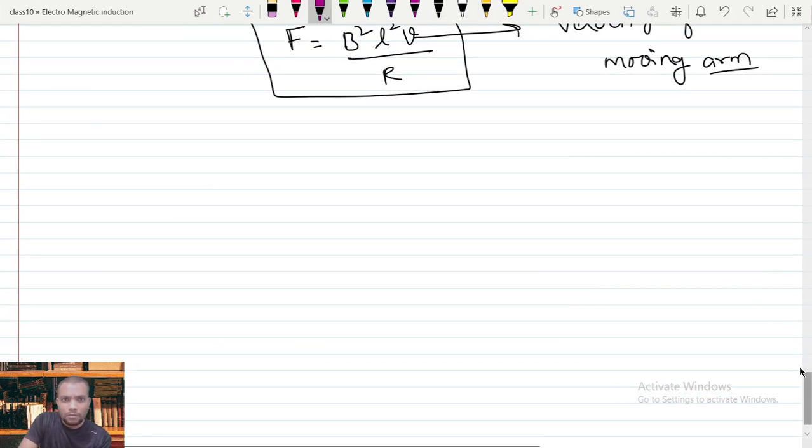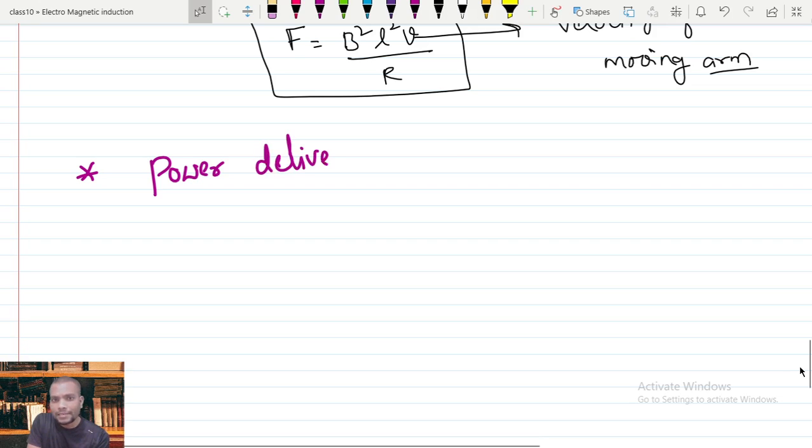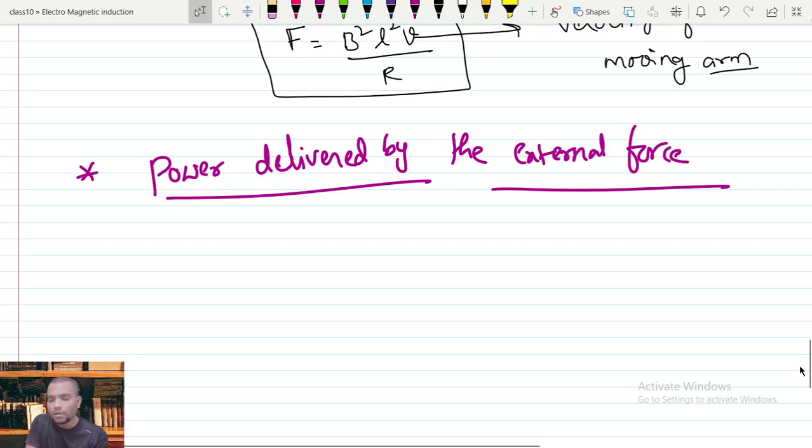Now I need to derive one more final expression. That final expression is power, the power delivered by the external force. The power supplied by the external force to maintain the motion of the movable arm is, we can write, power P equal to the product of force times velocity.